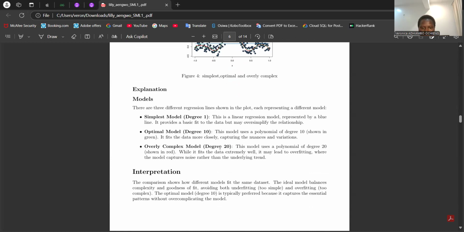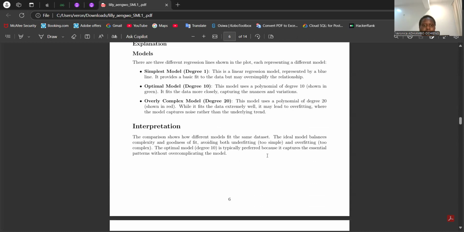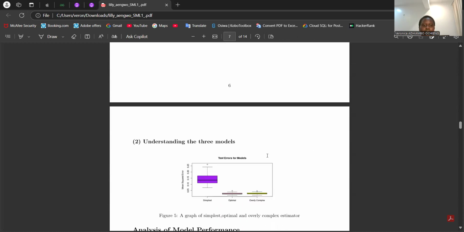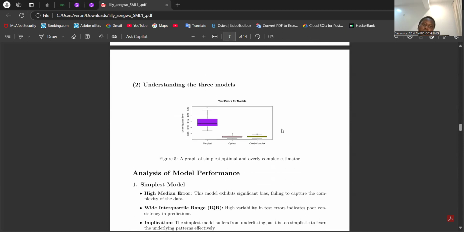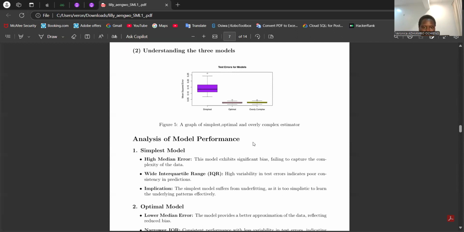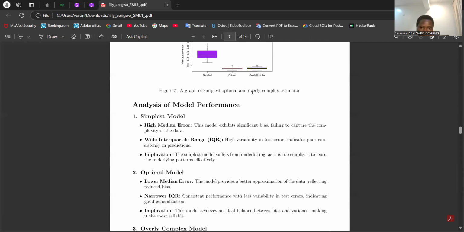The model with the highest degree of 20 may lead to overfitting, where the model captures noise rather than the underlying trend. I also plotted a box plot for the 3 models, which are the simplest, optimal, and overly complex, and I found that the best model was the optimal model.